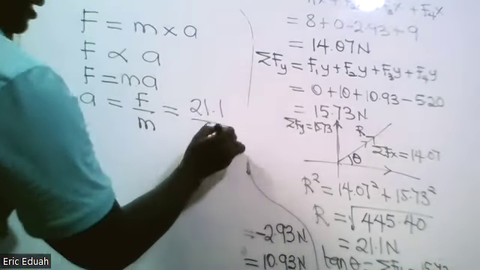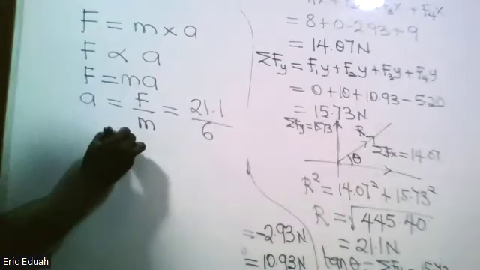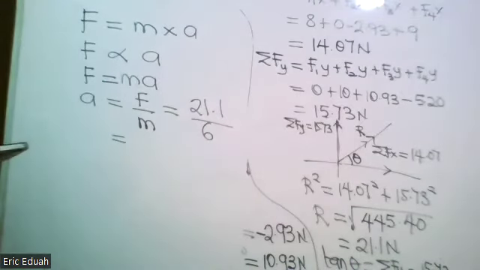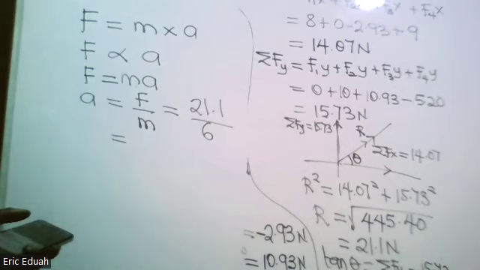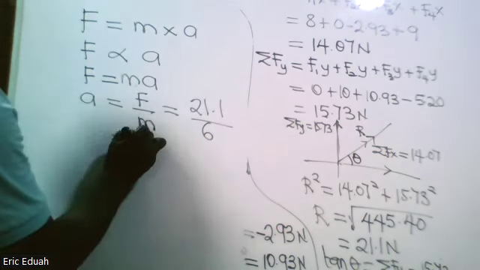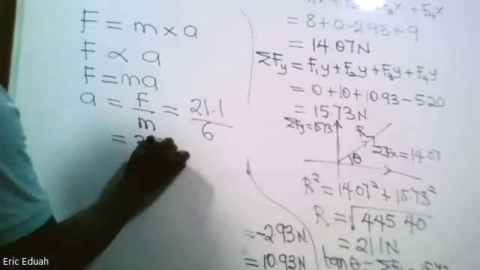So 21.1 divided by 6 is 3.52. What is the SI unit?